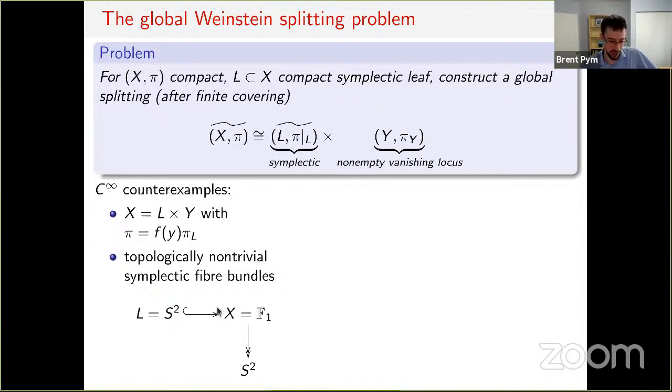So this gives a family of symplectic two spheres, which you think of as the symplectic leaves of a Poisson structure on this space X, so that the base S2 is like the leaf space of the foliation. So there's no chance that you're going to decompose this as a product, even though all the fibers are actually isomorphic as symplectic manifolds.